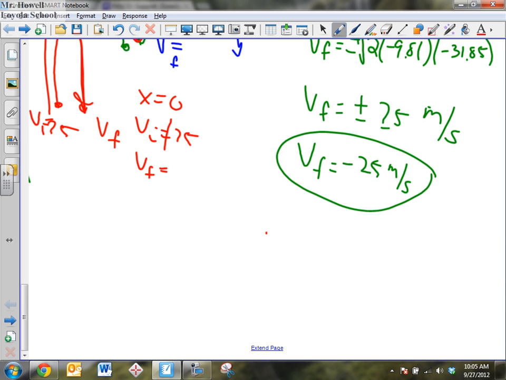Second part, what does this say about the overall time of the trip from start to finish? So how long will it take to get from max height back to the ground? Second part, what does this say about the time from the bottom all the way back to the actual ground, the entire time of the trip? And you'll notice a correlation here. Okay, you'll pick up on it.